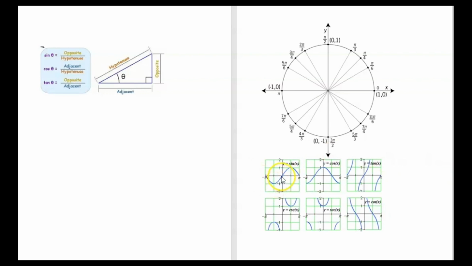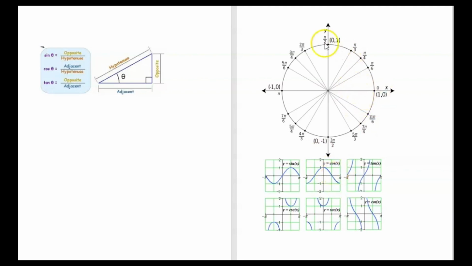And it's very similar to cosine, but it's just shifted a little bit over to the left or the right, depending on which way you want to look at it. So for cosine, let's say that the x value is 0. The x value is going to be 1. So 1 over 1 is going to give you a value of 1.